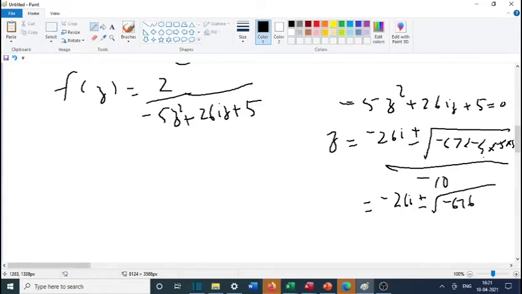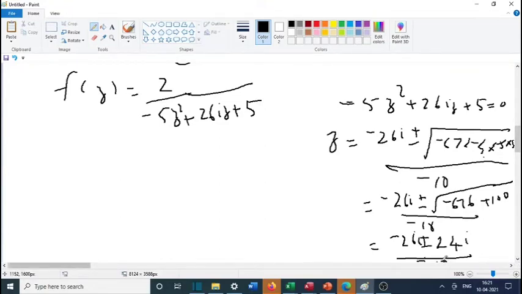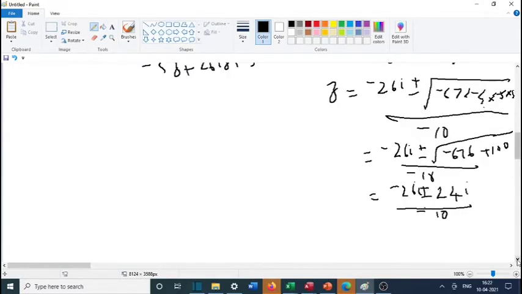So this is minus 26i plus or minus the square root of minus 676 plus 100, divided by minus 10. That is minus 26i plus or minus root of minus 576, which is 24i, divided by minus 10. This equals minus 26i plus 24i, which is minus 2i, by minus 10.